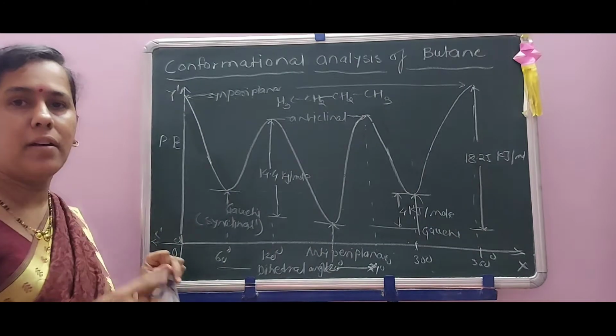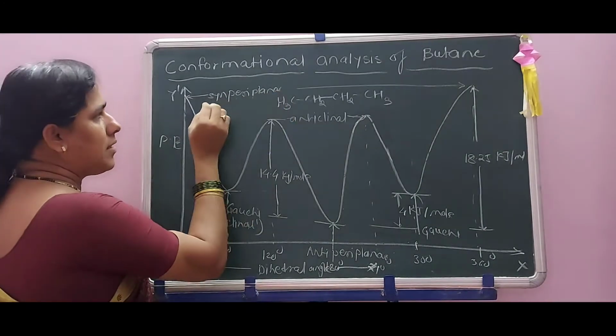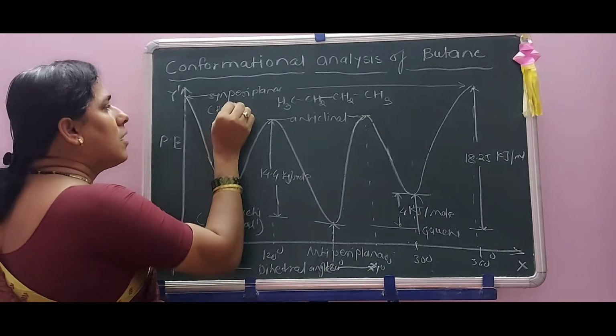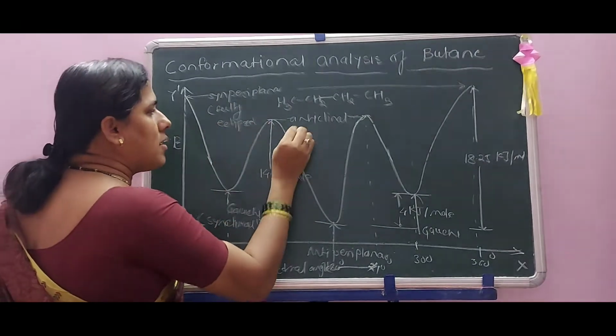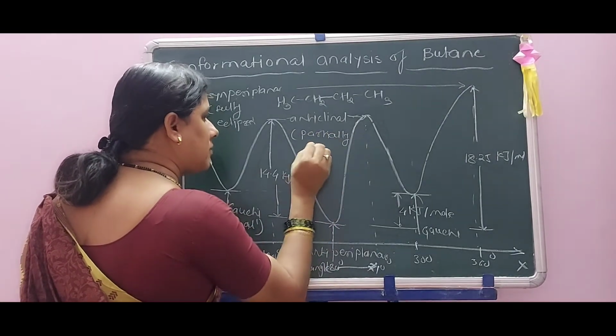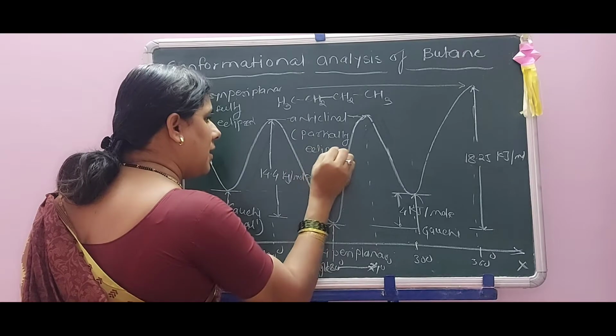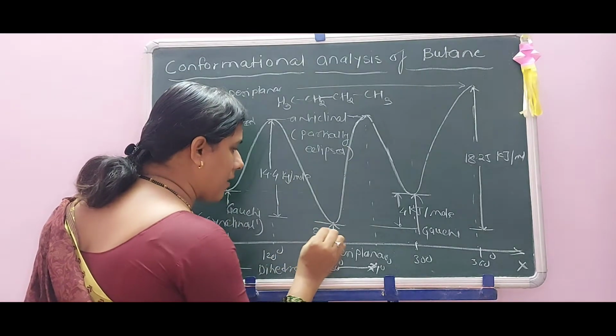A complete turn shows how many peaks here. This syn-periplanar is also called fully eclipsed. This is called partially eclipsed. This configuration is called staggered.